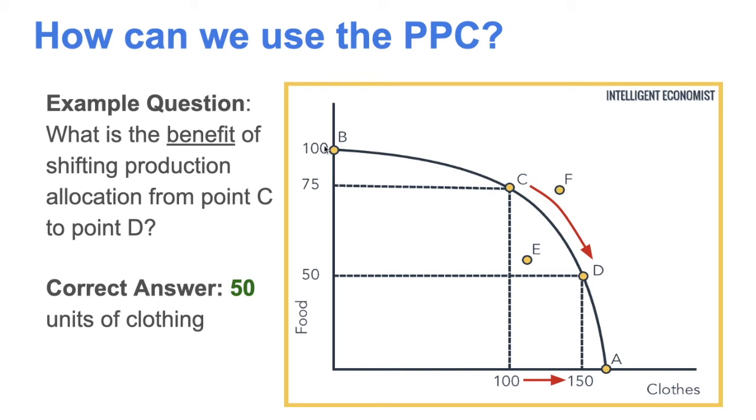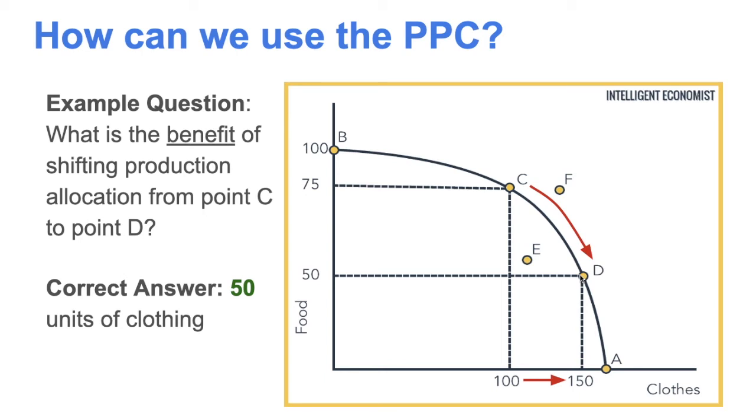Anytime we're shifting production from one point on this curve to another point on the curve, we're gaining something, but we have to give something up. Remember, any point on the curve is efficient, but it also means that we're using every last inch of our resources. So, if we want to make more of something and we're already on the curve, one of two things has to happen.